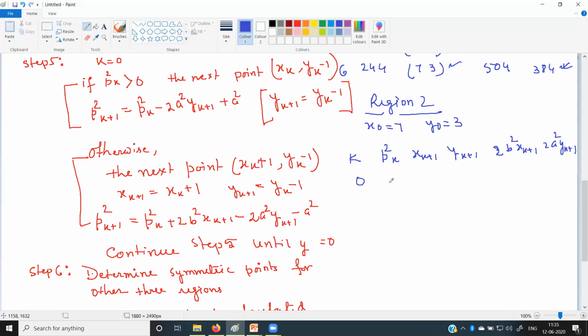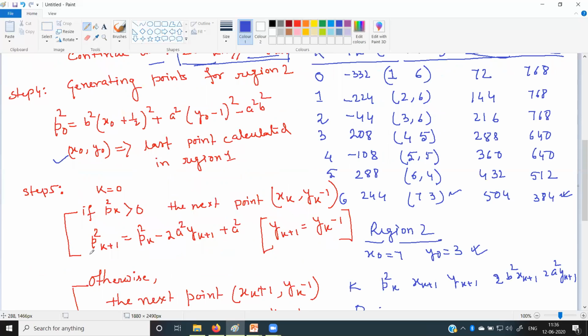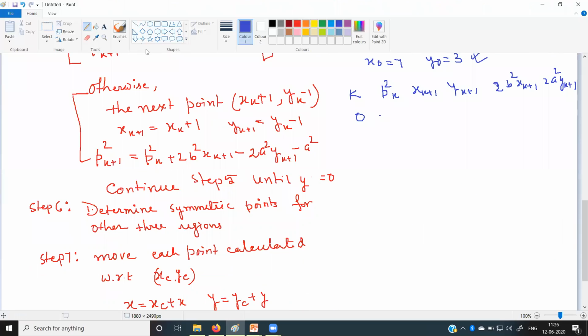So this is 0. If you put this in this equation, you get the initial decision parameter p0, and the value of p0 will be minus 157.